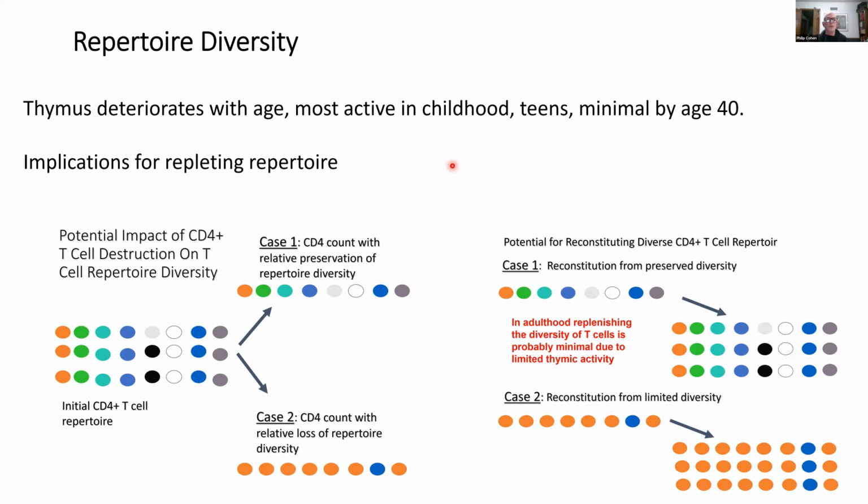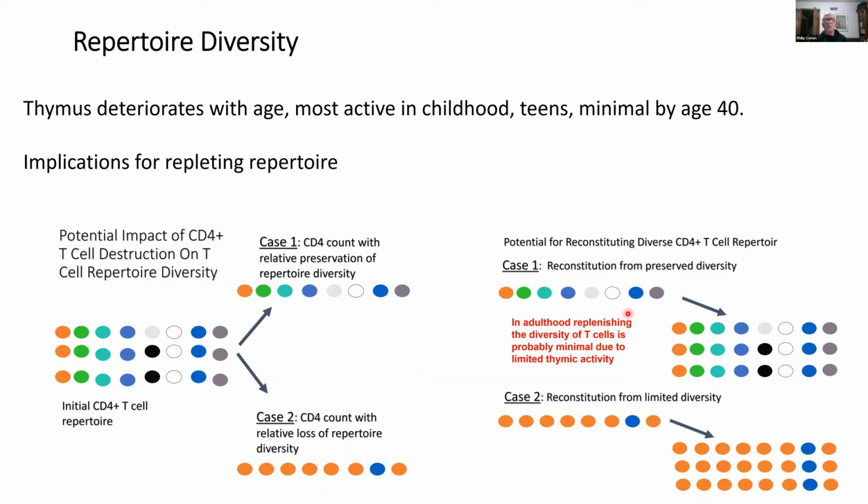So if you have a repertoire of T cells and something diminishes the number of those in the repertoire, they may be diminished in a way that selectively diminishes them equally, or that selectively diminishes them unequally, so that you have a residual repertoire that's not very diverse anymore.